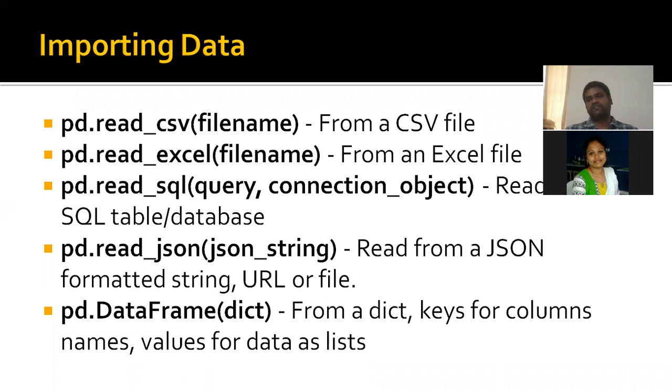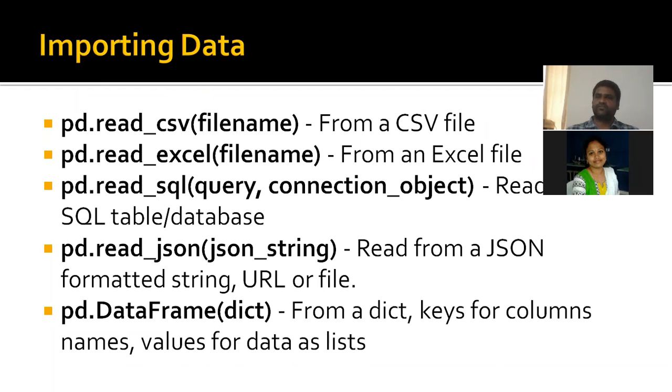Am I clear? The entire data set can be converted into a two-dimensional array, a data frame, which has an index and columns. Whatever the key we have, that is the column name, and whatever the value, that is the value. So we can give the indexes.